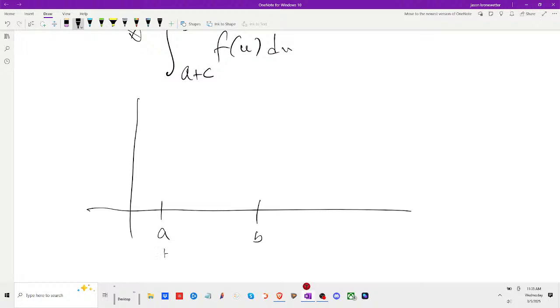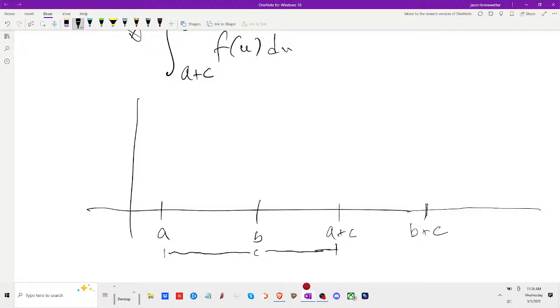So let's say c is out to here. Okay, so this length here is c. Then a plus c would be right here, and if I took that same length and attached it to the b, I would get out to something like there. Okay, so b plus c.